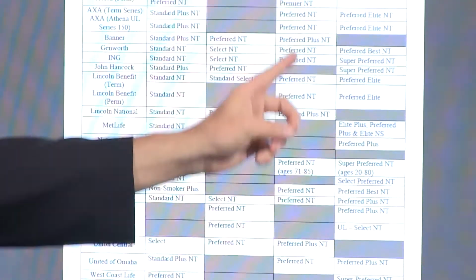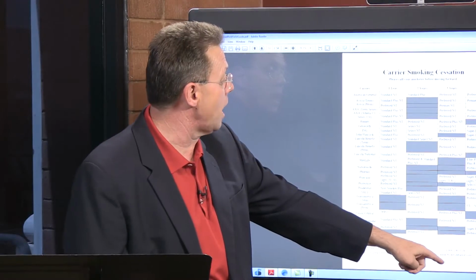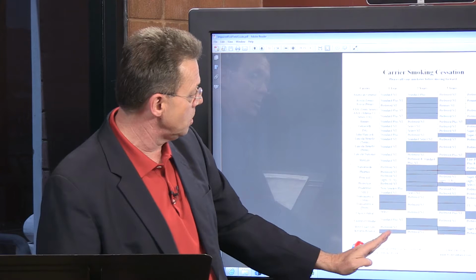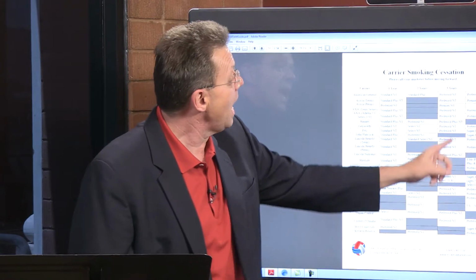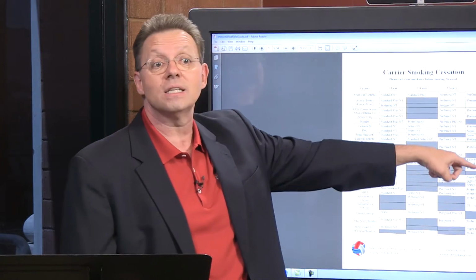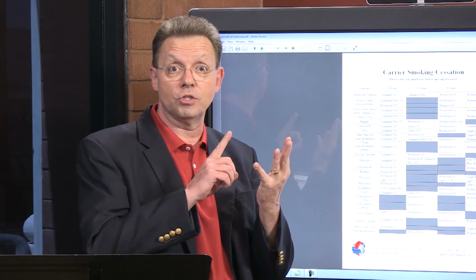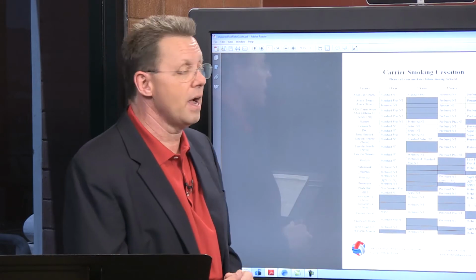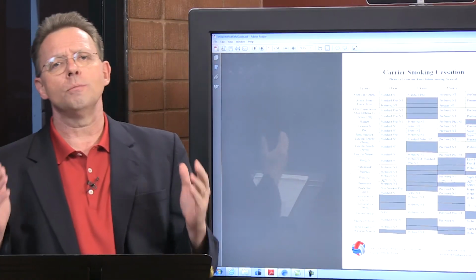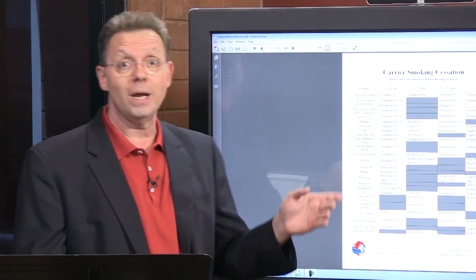By the time I get out to 3 years now, there's no more standards. Now we're into 3-year cessation, and I'm looking at preferreds, and on the 5-year, again, I can even get to the top category of super preferred non-tobacco because I've quit smoking for 5 years. So when you're looking at a smoker or a person who has smoked, we need to know these things so we can measure it.